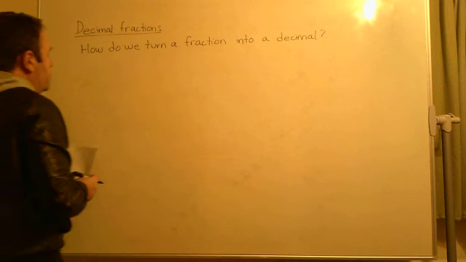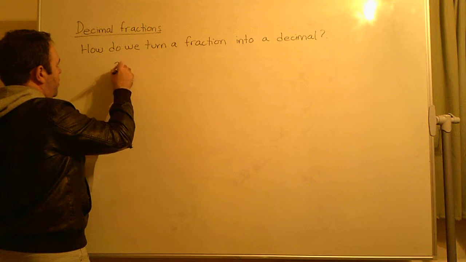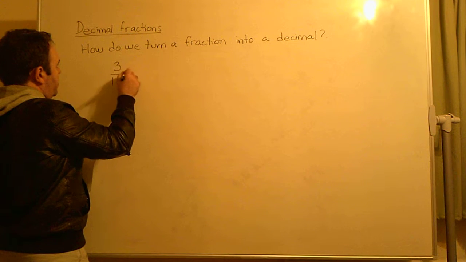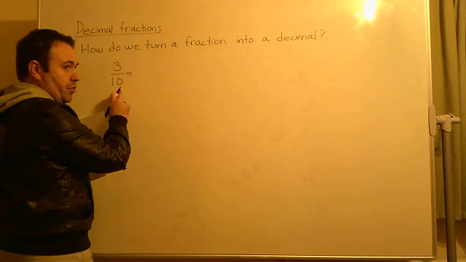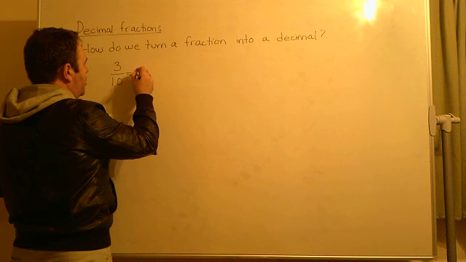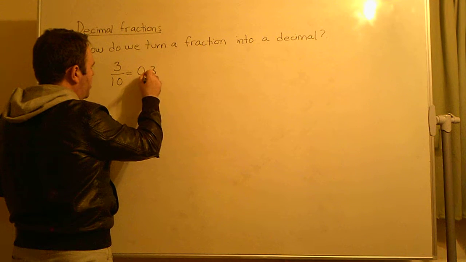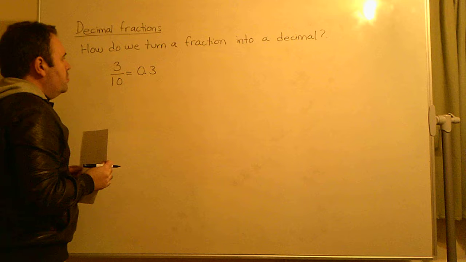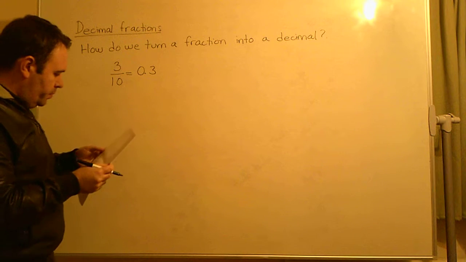Well, for instance, if we have 3 divided by 10, we need to focus on the number of zeros. So, in this case, it will be 0.3. We take one place because we have 1 zero.